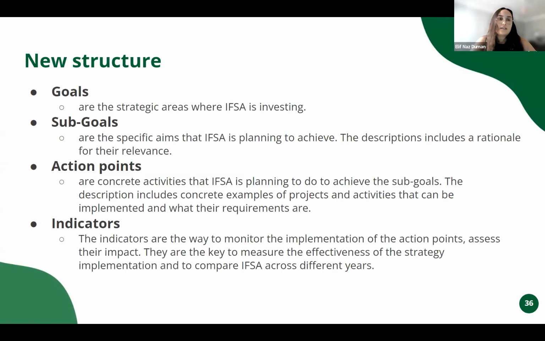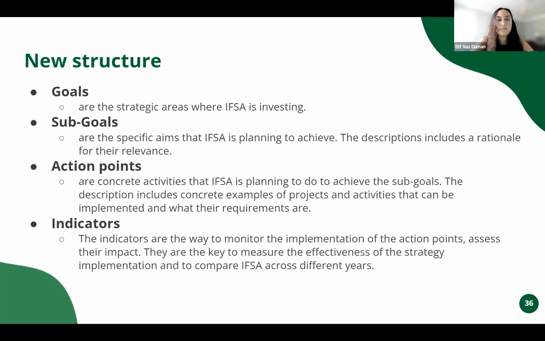In the current structure, we have the goals, sub-goals, action points, and indicators. The goals are the general strategic areas where IFSA is investing, and sub-goals are the specific aims that IFSA plans to achieve. Each sub-goal also includes a description.